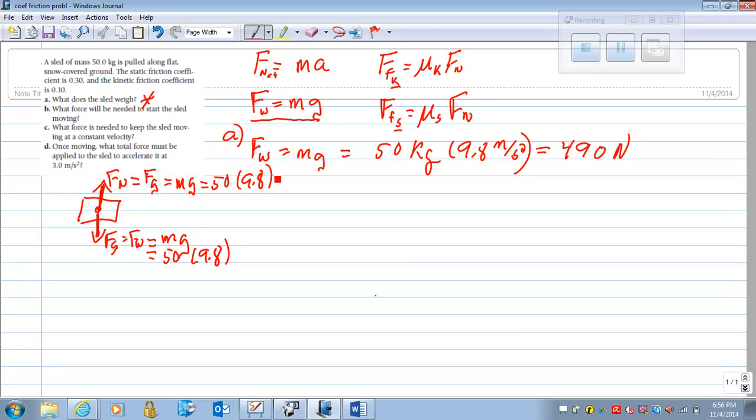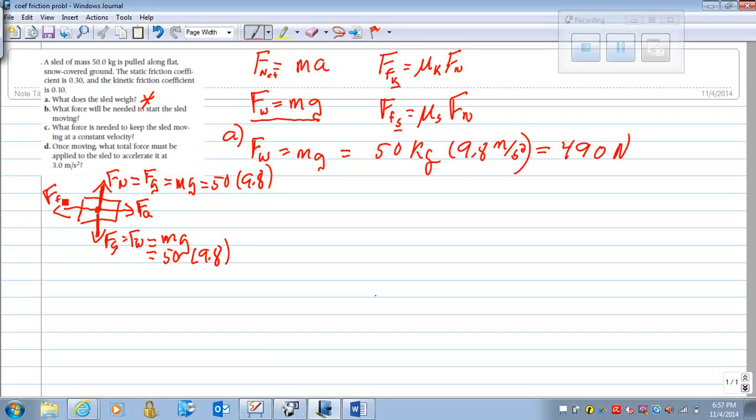But the question asks us, what force will be needed to start the sled moving? So that means that we want the force to go in this direction. So we have to apply some kind of force, a push or a pull. I'm going to put A for just applied force, that way it can be either one. In order to start the sled moving, I have to overcome the force of friction.